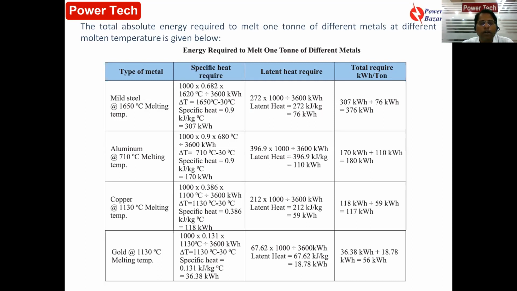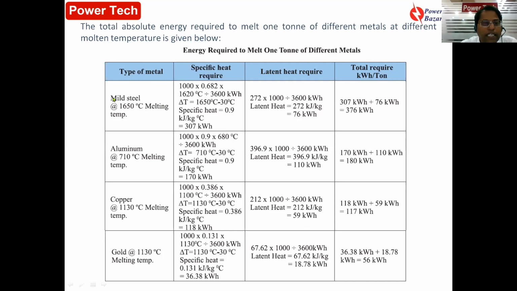Once the metal reaches its melting temperature, it converts to liquid form. So we have to increase the temperature of the metal, and we have to change the phase of the metal from solid form to liquid form. Therefore, there will be a requirement of heat energy for specific heat as well as latent heat.